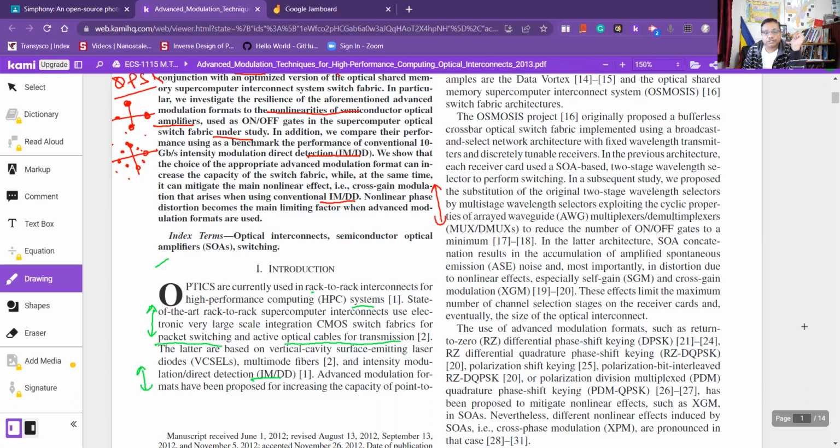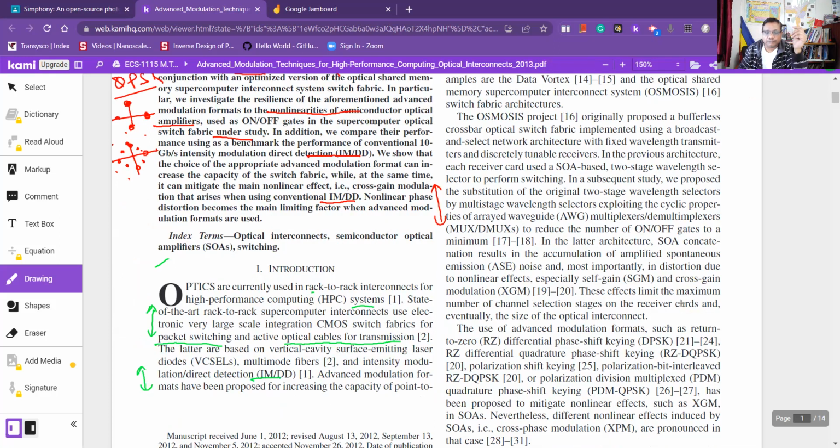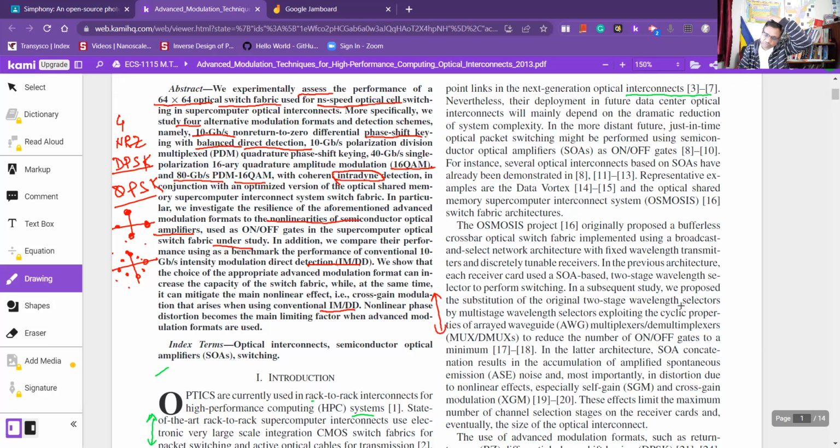Now, advanced modulation formats have been proposed for increasing the capacity of point-to-point links in next generation optical interconnects. See the reference number 327 there. Some advanced modulation formats have been developed for high data rate transmission, or for increasing the capacity. Why do we go from a simple or primitive modulation format to an advanced modulation format?